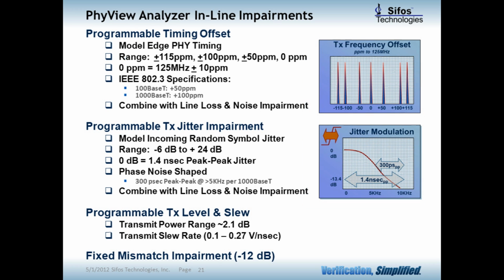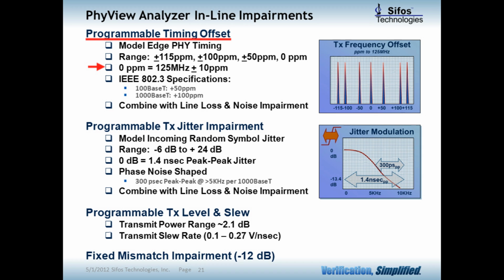When a PhyView analyzer test port is linked to a port under test, the analyzer possesses capability to skew signal timing, to produce randomly jittered signals, and to control slew rate. These impairments are not available to an external packet analyzer. Programmable timing offset models transmitted symbol periodicity.